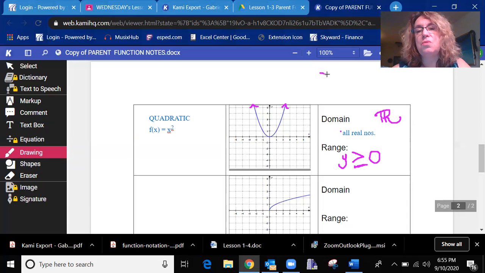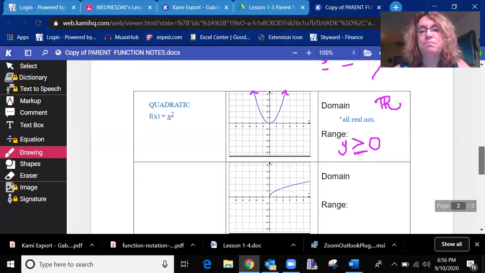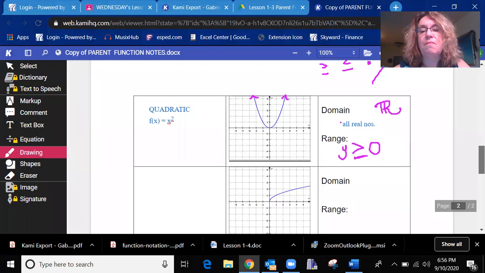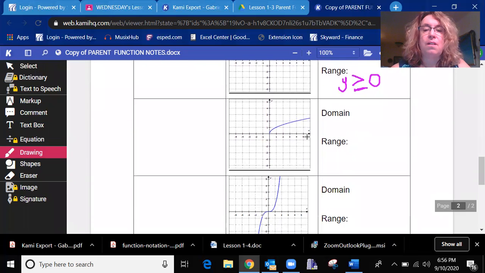So to use either this one or this one with the line underneath, you need to see a solid dot there or a solid line. And that's the case where you put the line underneath when you're looking at a graph. Now, this particular one, it starts right here.